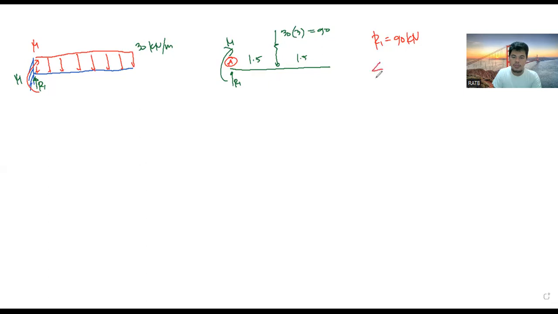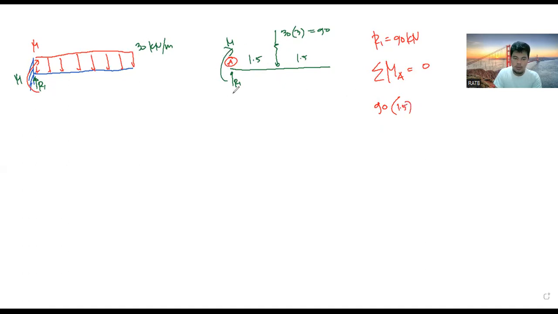And if we do summation of moment at A, equal to 0, the effect of R1 will be nullified because it is at point A. So we have to consider this one: 90 multiplied by 1.5.